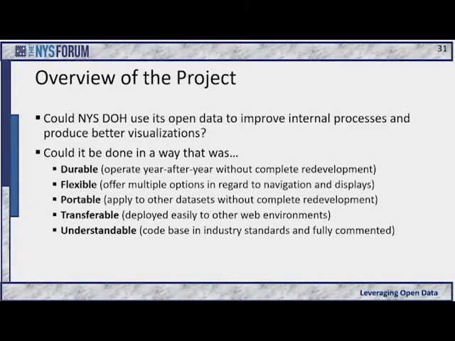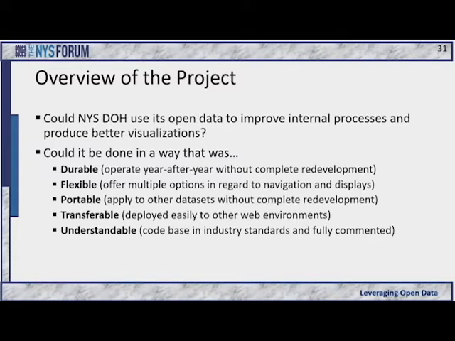In this particular project there were a lot of different parameters, but two of the main focuses. The first one was, could the New York State Department of Health use its open data to improve their internal processes and produce better visualizations? It was as much a workflow improvement, a business process improvement project, as it was a data project.